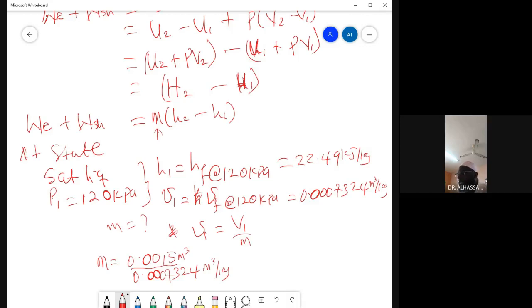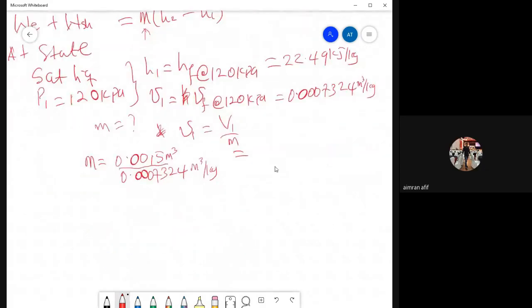So if you calculate this carefully, Ima, can you tell what is the result for that? Anybody with a calculator? I don't have my calculator. 2.048.